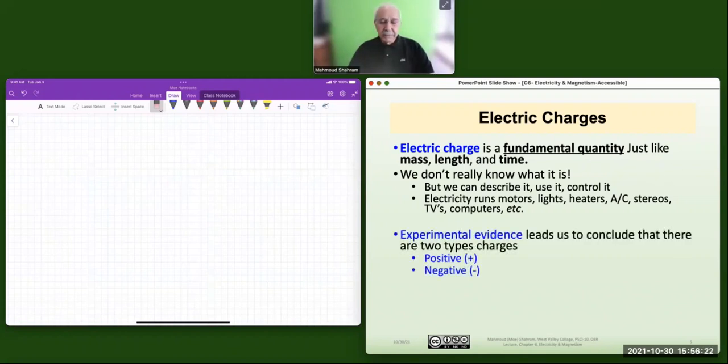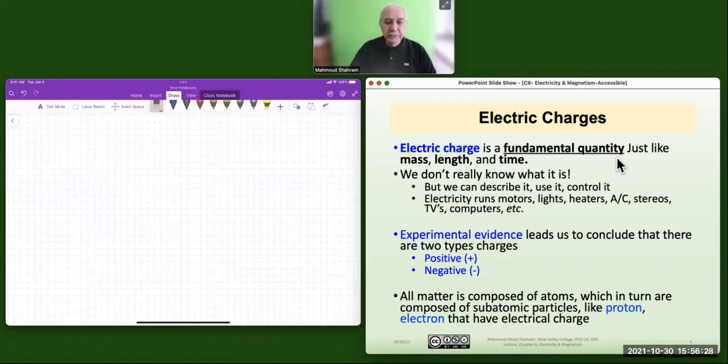We have two types of electric charge. We have positive and negative. The positive charge is associated with the proton. The smallest positive charge is a charge of a proton, and the corresponding smallest negative charge is charge of electron. Those particles, proton and electrons, are fundamental particles.